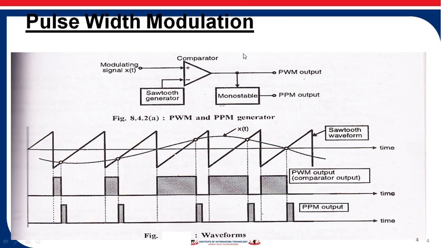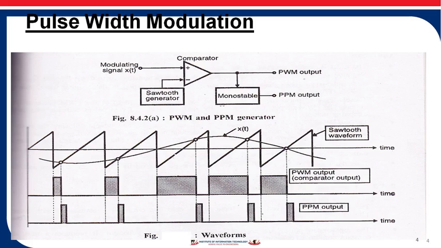The pulse width modulated signal is applied to the monostable multivibrator, as you can see in this block diagram, which is negative edge triggered. When the trailing edge of the PWM signal comes, the multivibrator output goes high for a particular duration only.